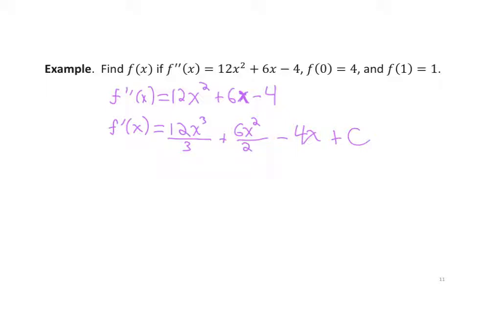Now notice, we're not given any information about f prime of x in the problem. So we actually are at a position where we can't figure out what this c is at the moment. But that's okay. We can still treat this c as a constant, and we can still keep going and just take the antiderivative of f prime of x, which will give us f of x.